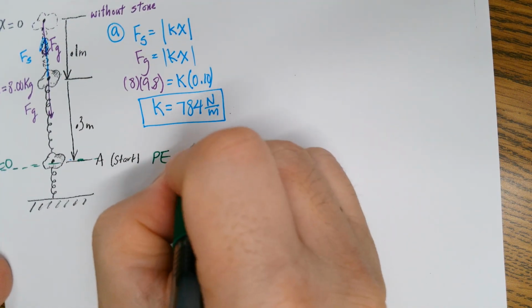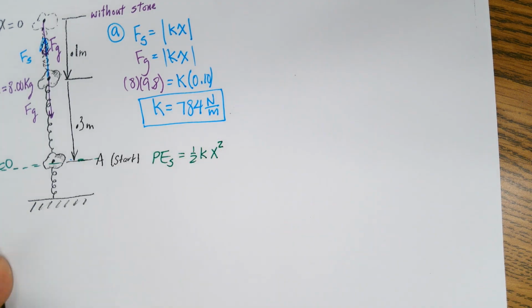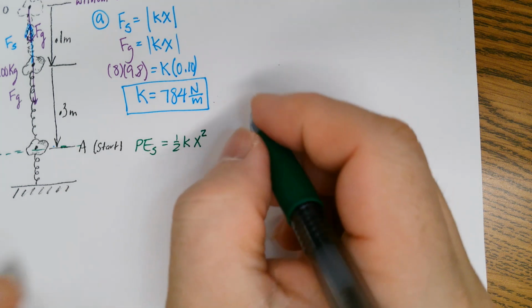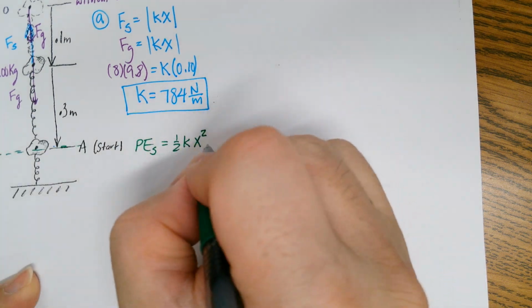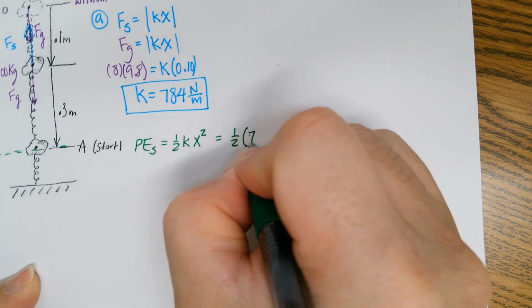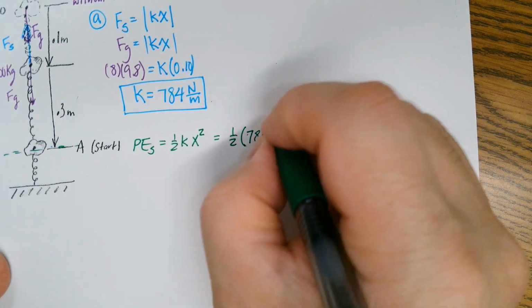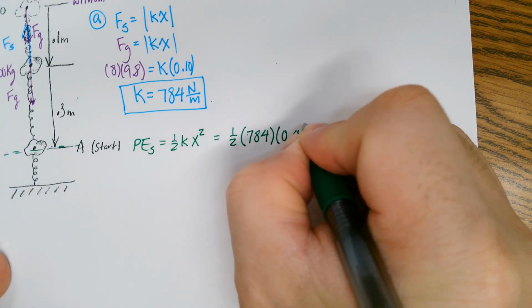The potential energy of the spring is of course 1/2 kx squared. Therefore, 1/2 times k, which is 784, times x, and x is 0.4, 0.4 squared.